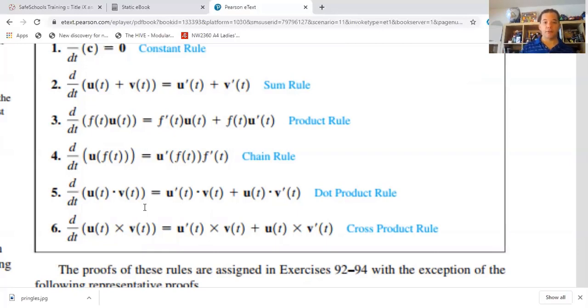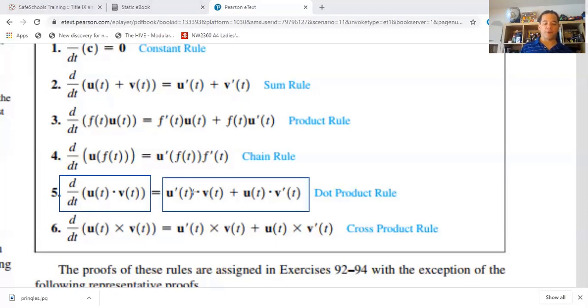So on the first one, it says that the derivative of the dot product of two vectors, you can do it by doing the derivative of the first dot product the second plus the first dot product the derivative of the second. Kind of like the product rule, but with dot product.